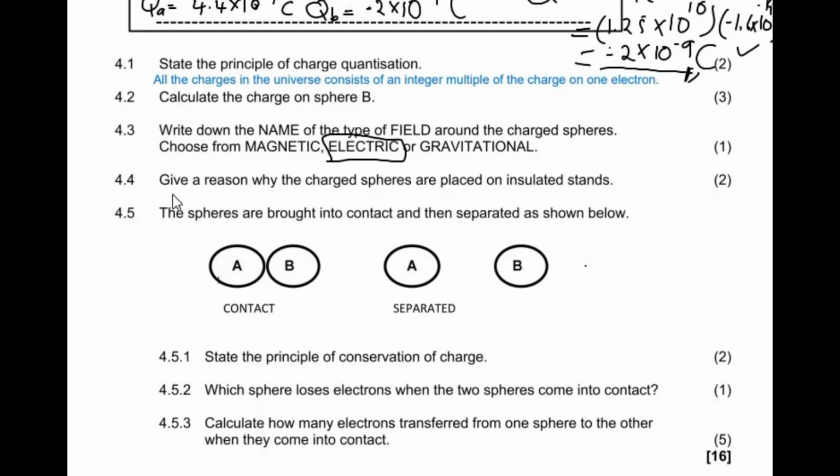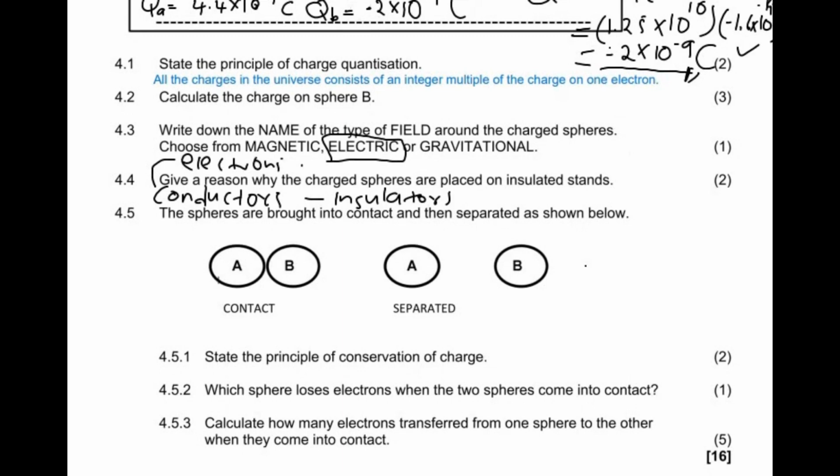So now, give a reason why the charged spheres are placed on insulated stands. So remember, we have things that are called conductors, and opposite to conductors, we have insulators. In conductors, electrons are free to move.